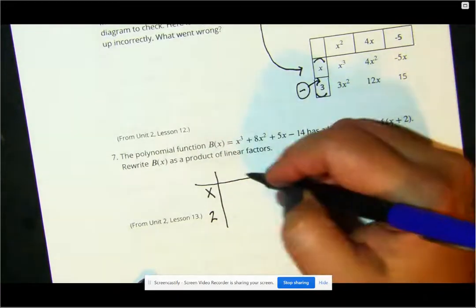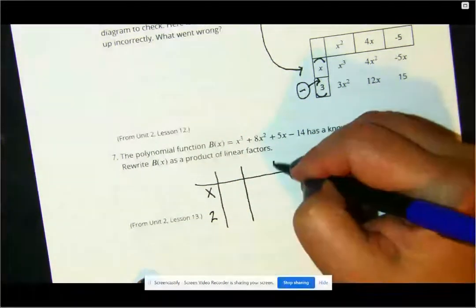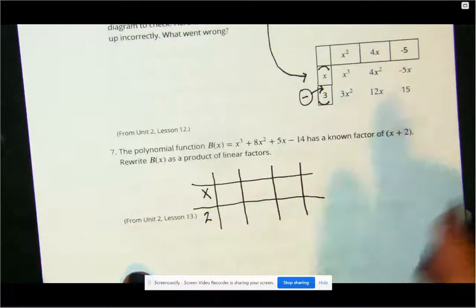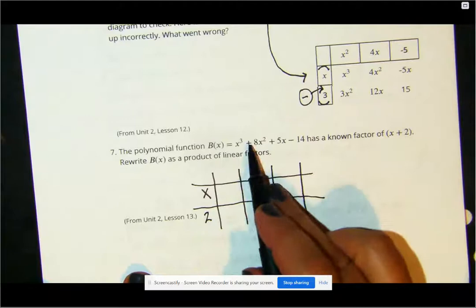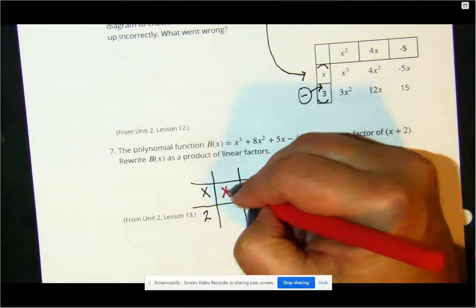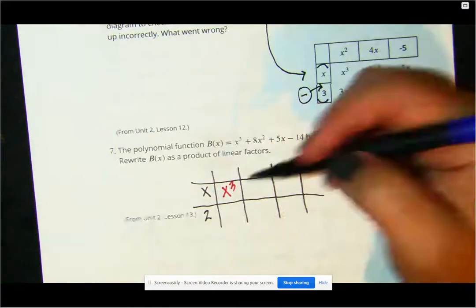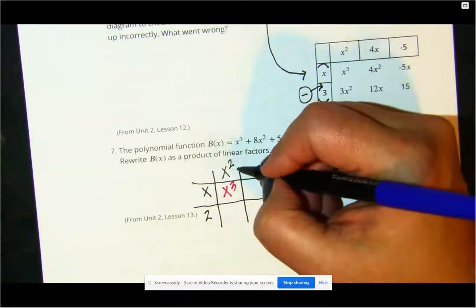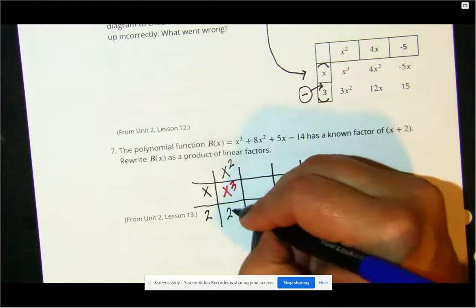And I know the very first term is going to come out to be x to the third. So what do I have to multiply x by to get x to the third? X squared. Now I can go ahead and multiply these. That's 2x squared.